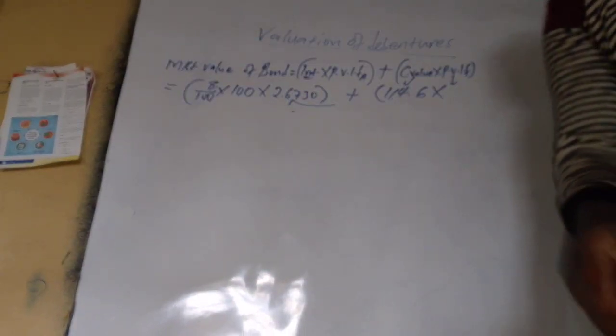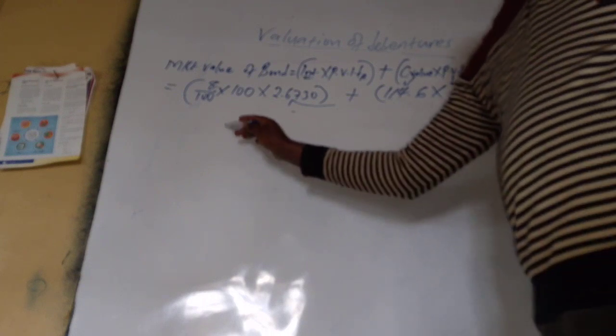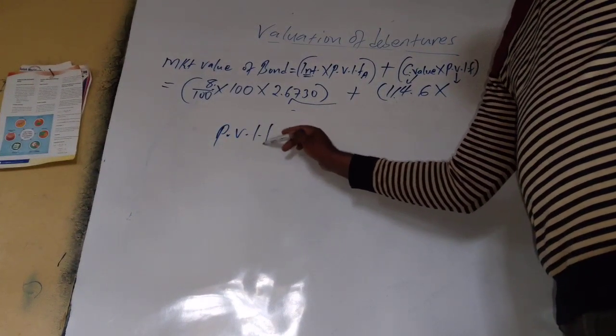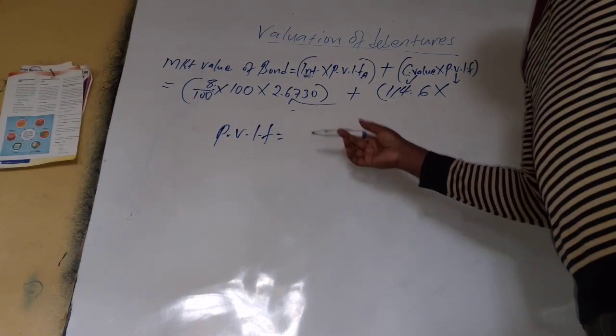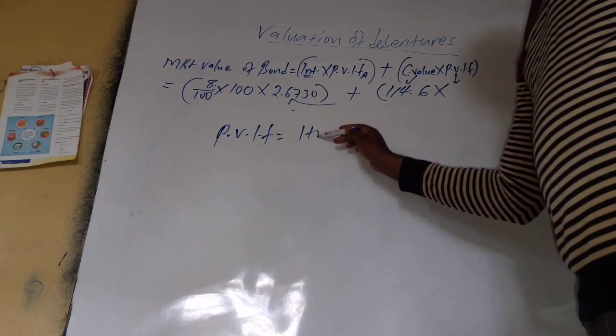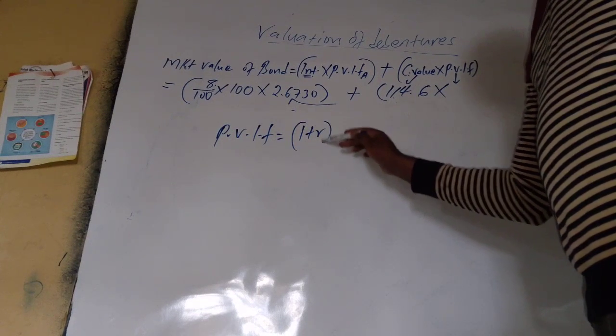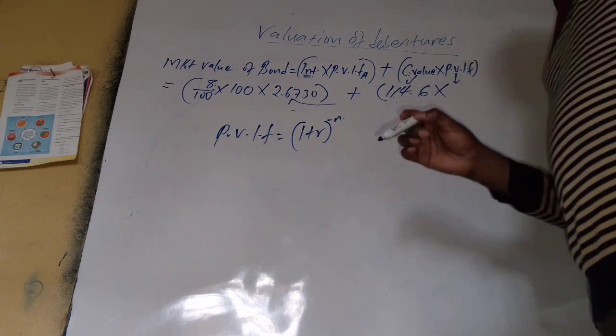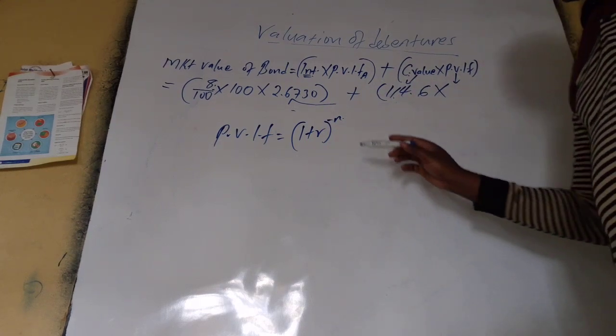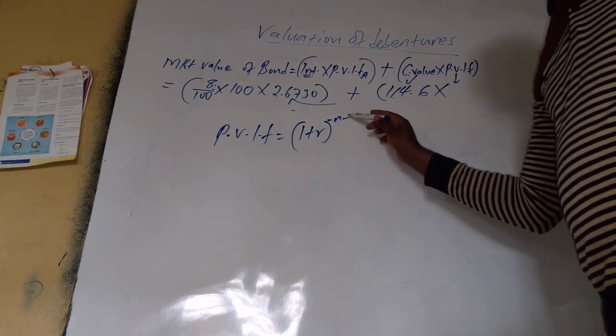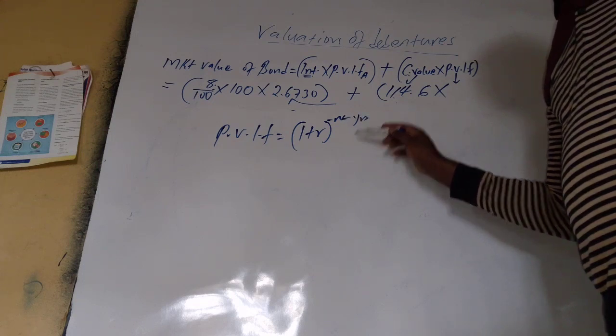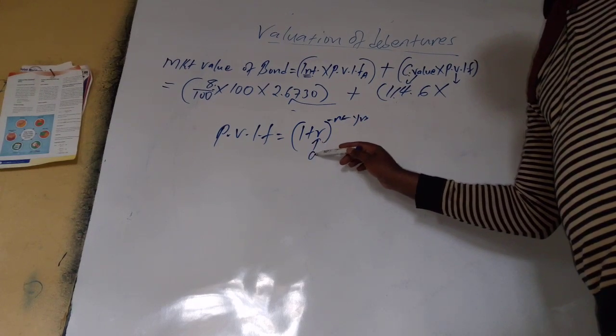The formula for computing the PVIF, present value interest factor, is very simple: (1 plus R) to the power negative n. Remember, this negative n is the number of years, and R is the cost of capital.